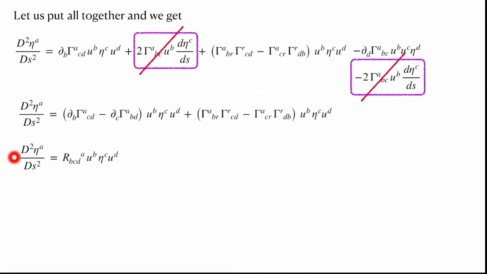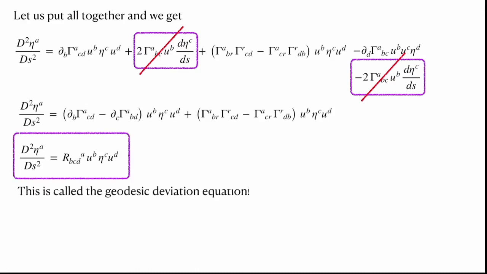So the acceleration of the connecting vector connecting two geodesics is expressed in terms of the Riemann tensor, the velocity and the connecting vector itself. This expression tells you how the geodesics accelerate relative to each other.